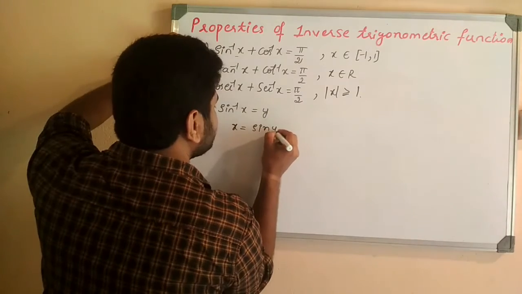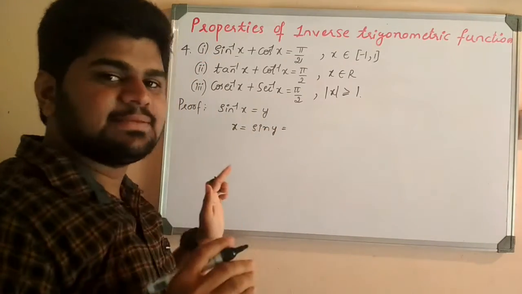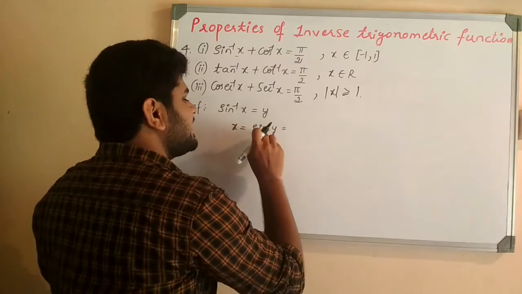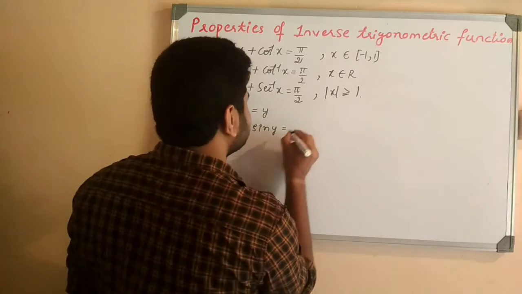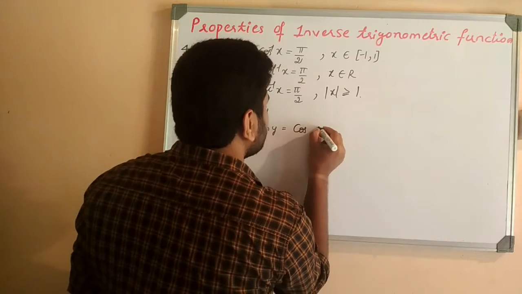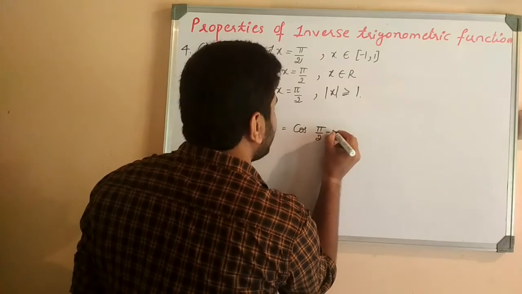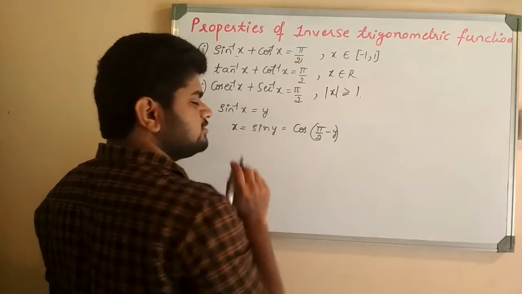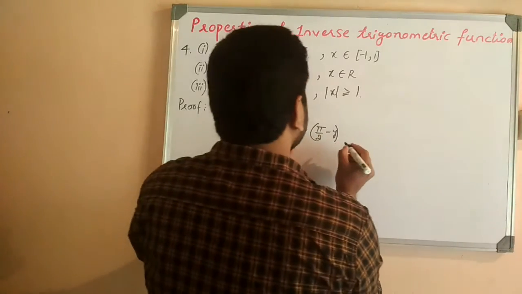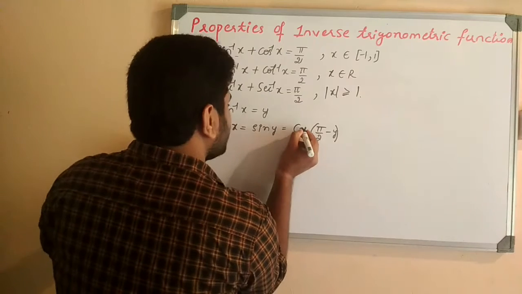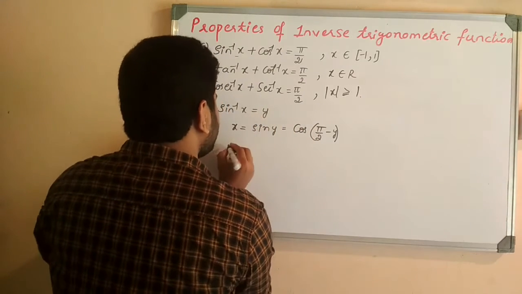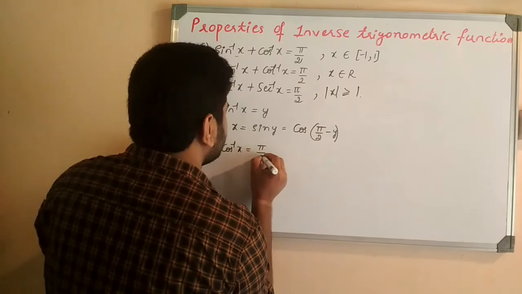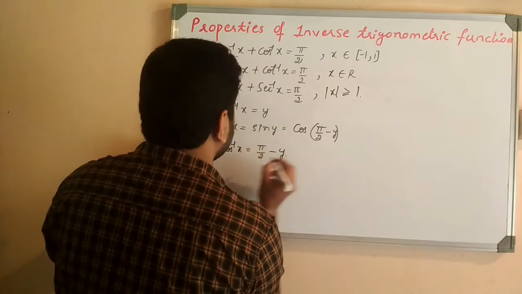It is very simple. We are changing this trigonometric function sine to cos. How to change this? Cos of pi by 2 minus y is equal to sin y. So when it goes to this side, cos inverse of x is equal to pi by 2 minus y.